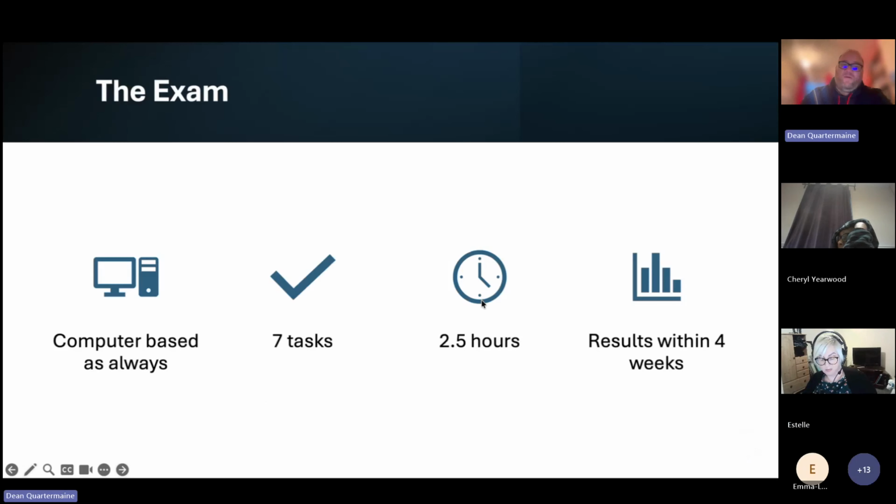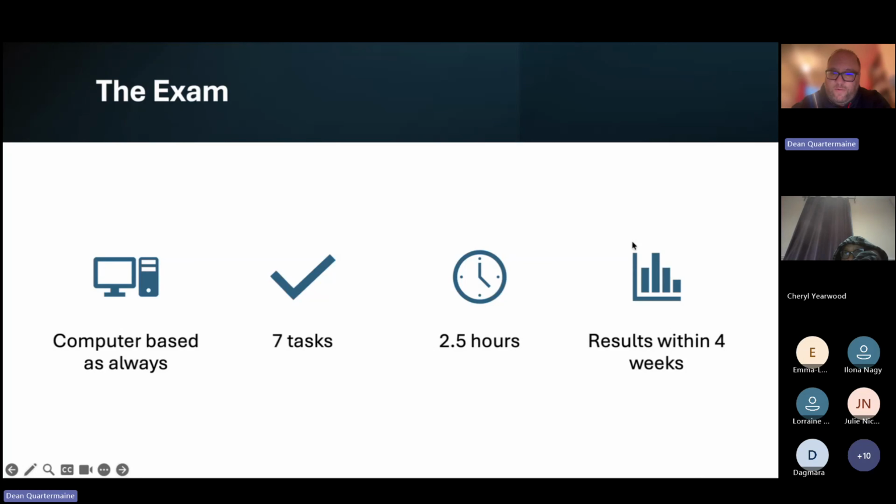Right. The exam itself then. So what does the exam itself look like? It's computer-based, as we all know, and nothing that we're not used to in that space. 7 tasks, 2.5 hours, results within 4 weeks. So there's nothing there that we are not used to.